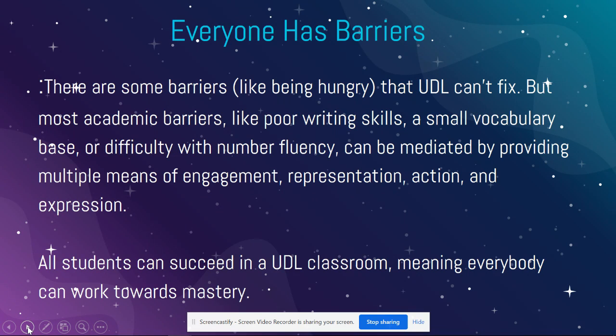There are some barriers, like being hungry, that UDL can't fix, but most academic barriers, like poor writing skills, a small vocabulary base, or difficulty with number fluency, can be mediated by providing multiple means of engagement, representation, action, and expression. All students can succeed in a UDL classroom, meaning everyone can work toward mastery.